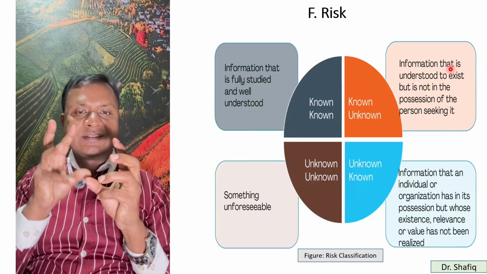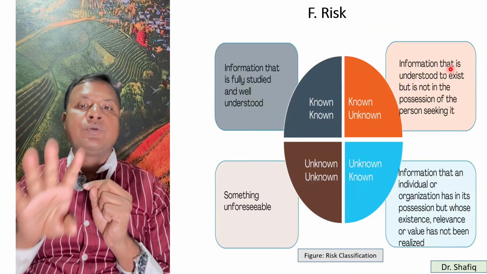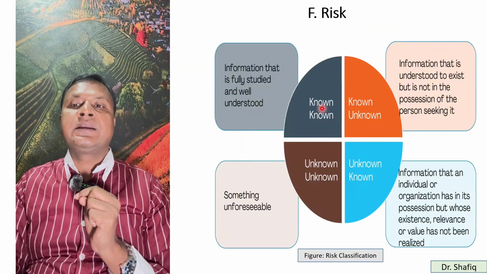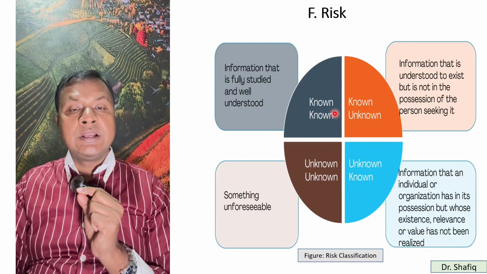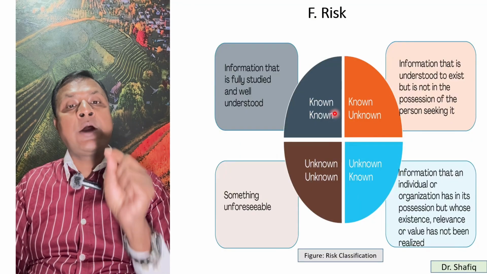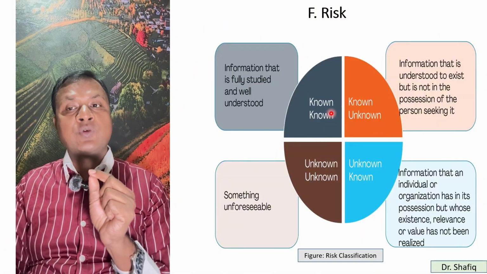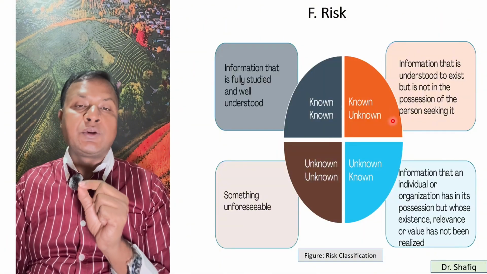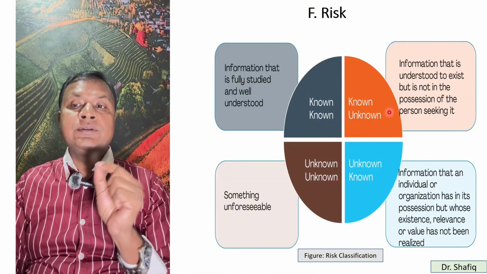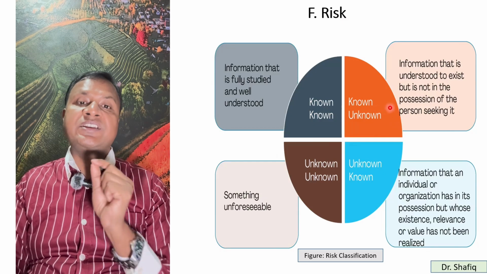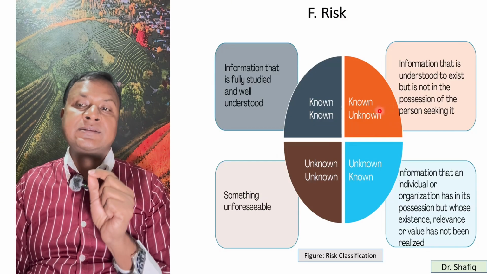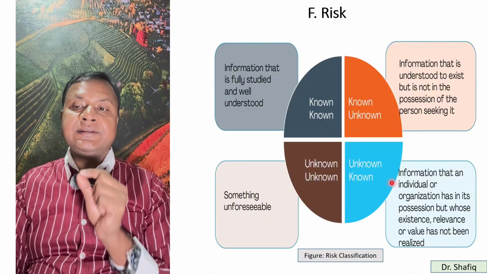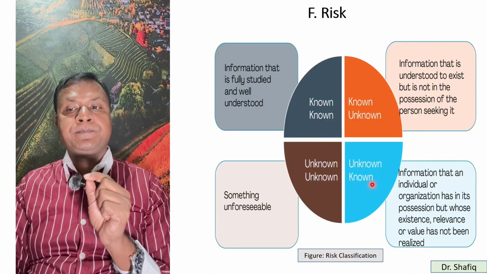And there are four cases. You can see in the figure. There's known knowns. That means you know what you know. So you know the risk and you know how to address it. This is one case. And this is known unknowns. You know the risk, but you don't know how to address this risk. And this one, unknown knowns.